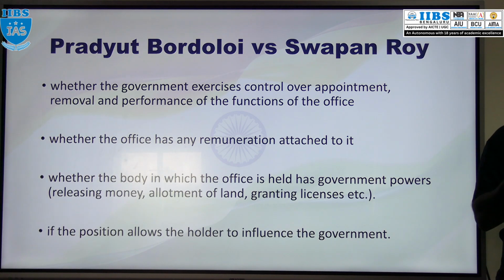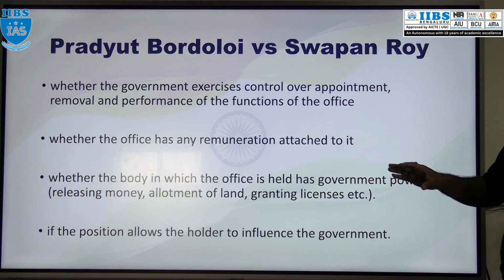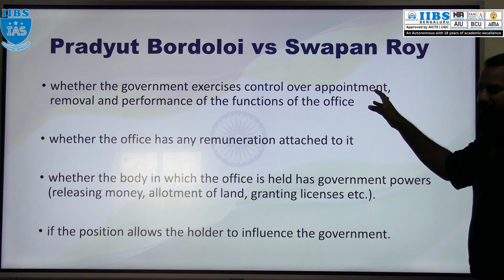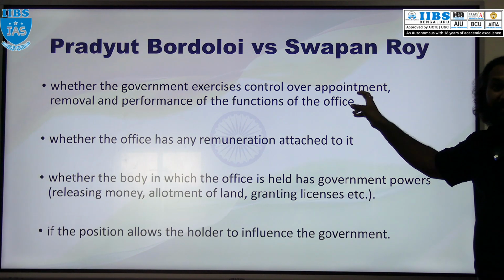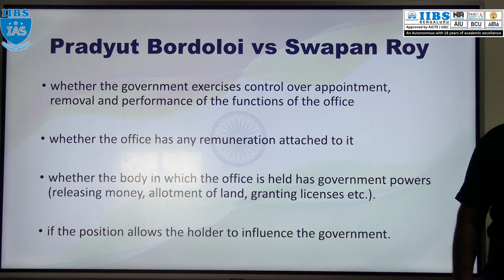In short, the first point says that in any business or any office where the government is involved in appointment, functioning as well as removal, that comes under office of profit.